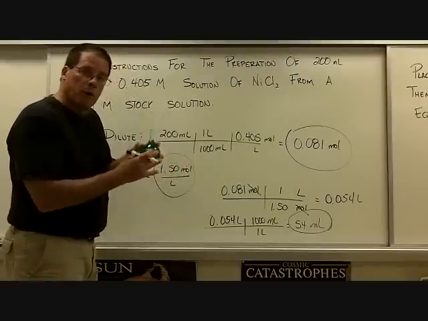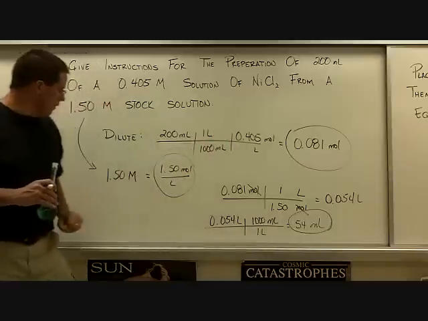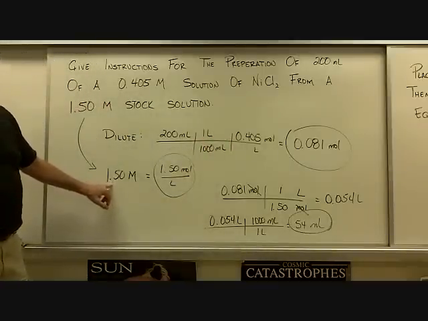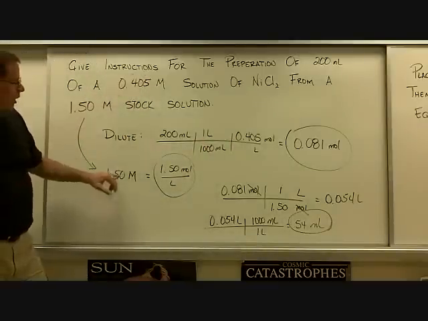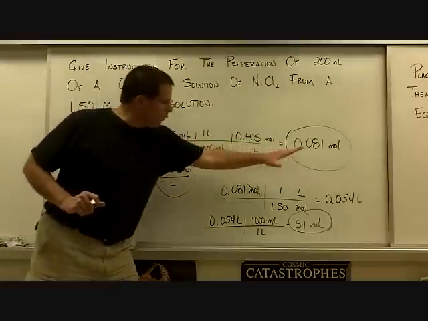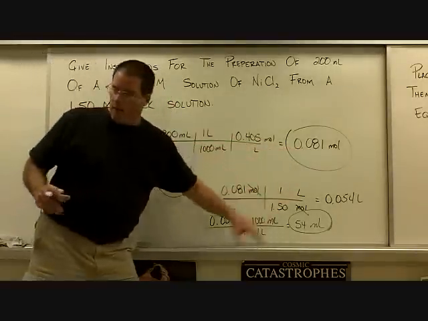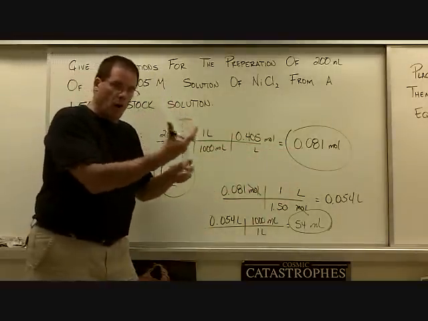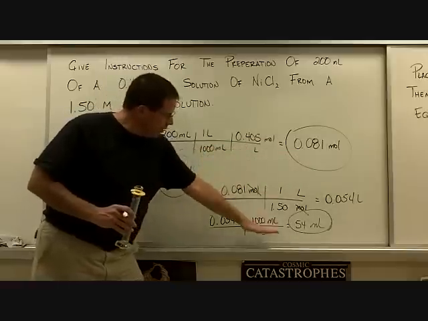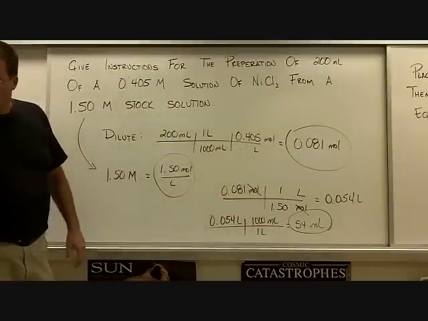Once we know how many moles we have, we need to remember what the concentration of our stock is and use that value with the number of moles that we just found to get a volume. Once we know what the volume is, then we can prepare our solution.